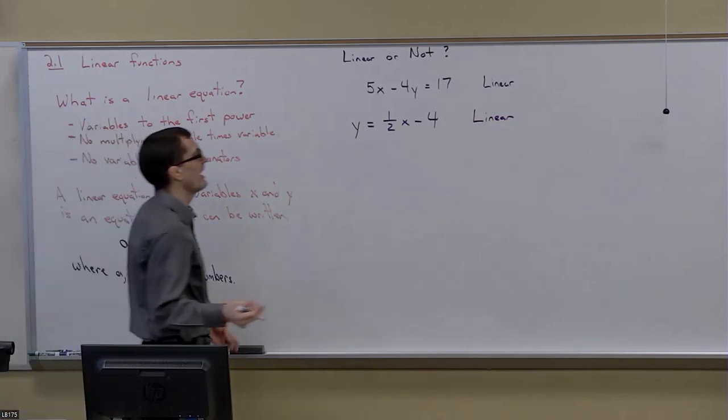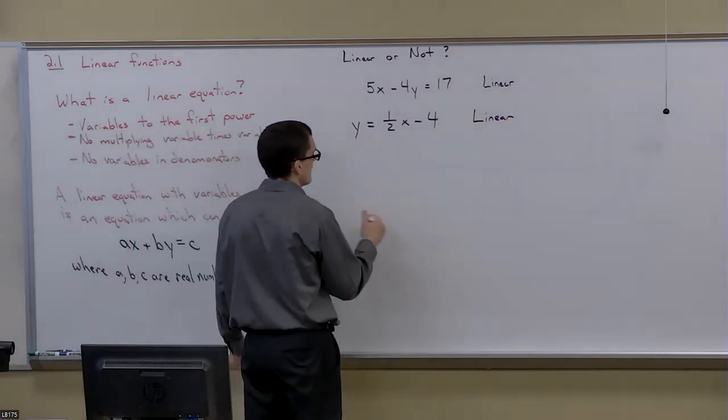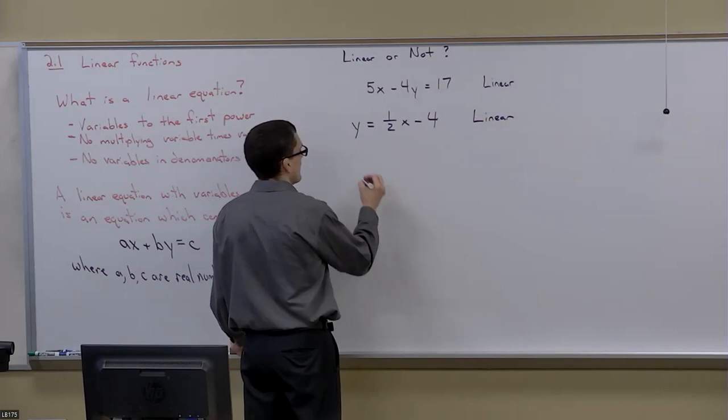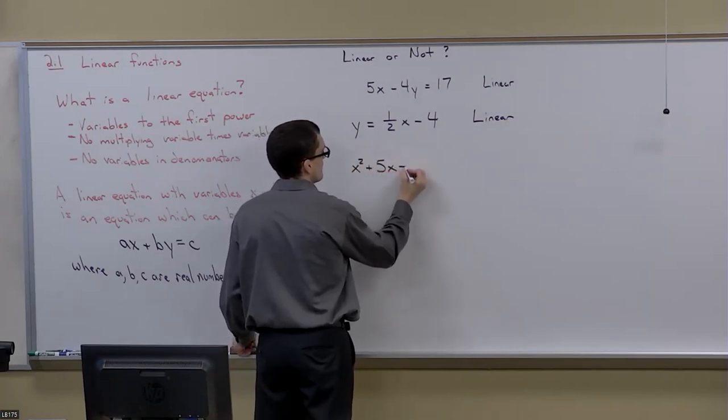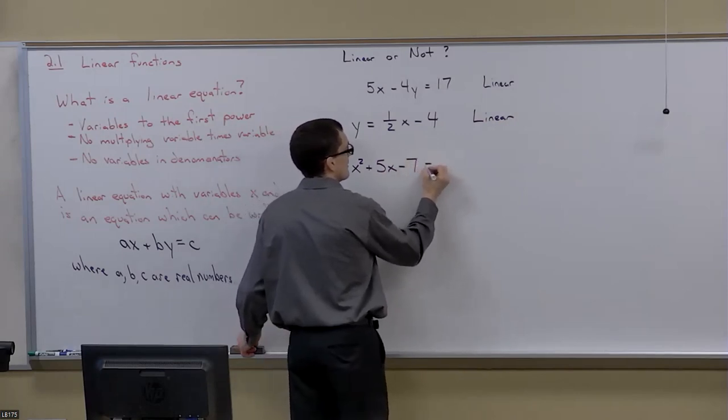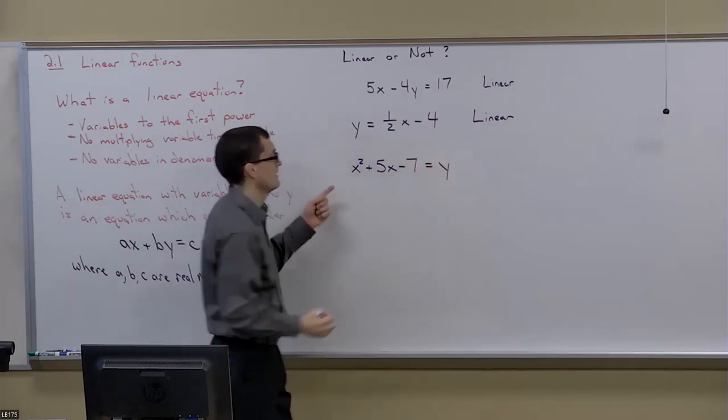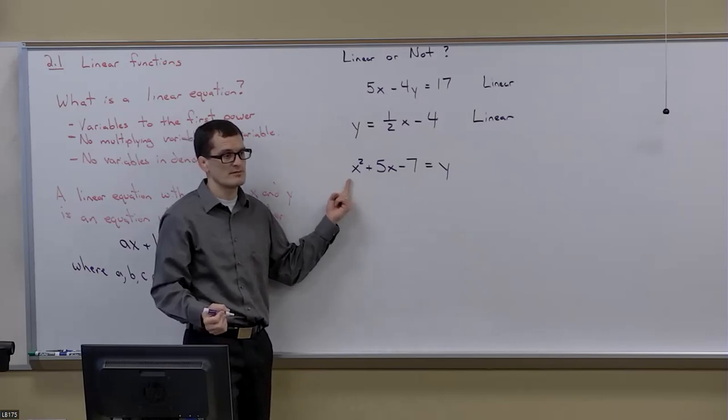And once you do that, then you see things that are and are not linear. If I took something like x squared plus 5x minus 7 is equal to y, that is not linear because of this x squared term.